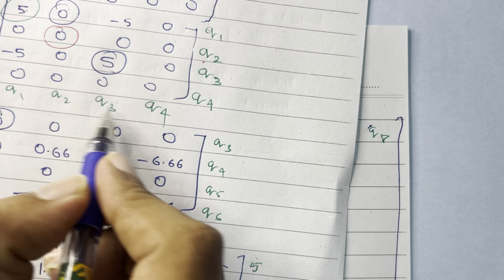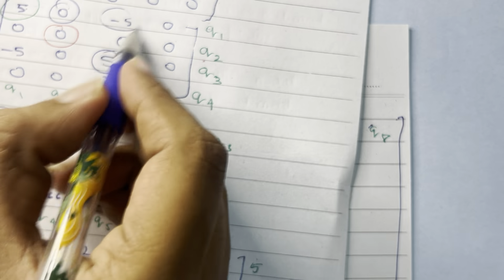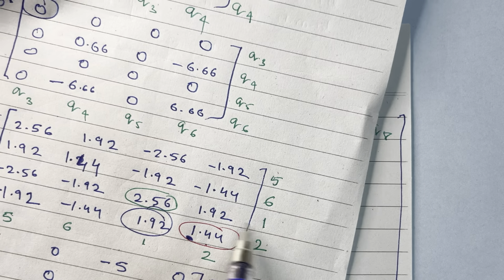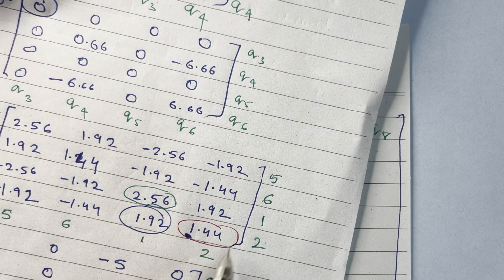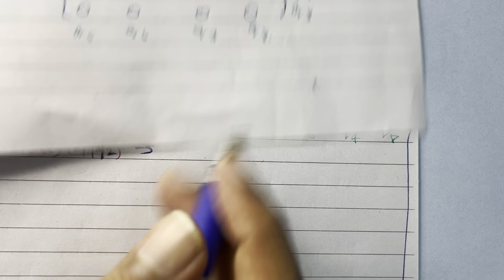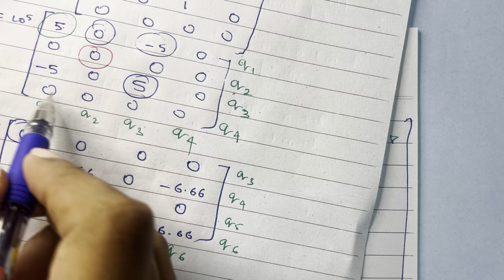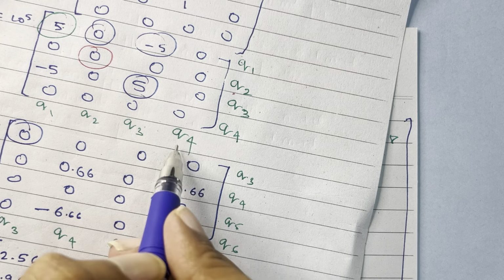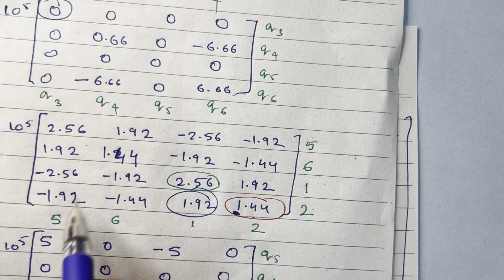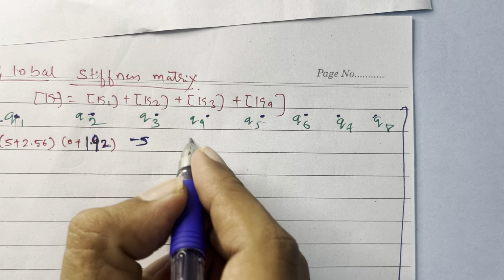Q1 row, Q3 column, here it is -5. Okay, that is -5. And here Q1 row, but here we don't have any Q3. Okay, now Q1 row, Q4 column, that is 0. And here we have Q1 but we don't have any Q4 column, so that is 0.